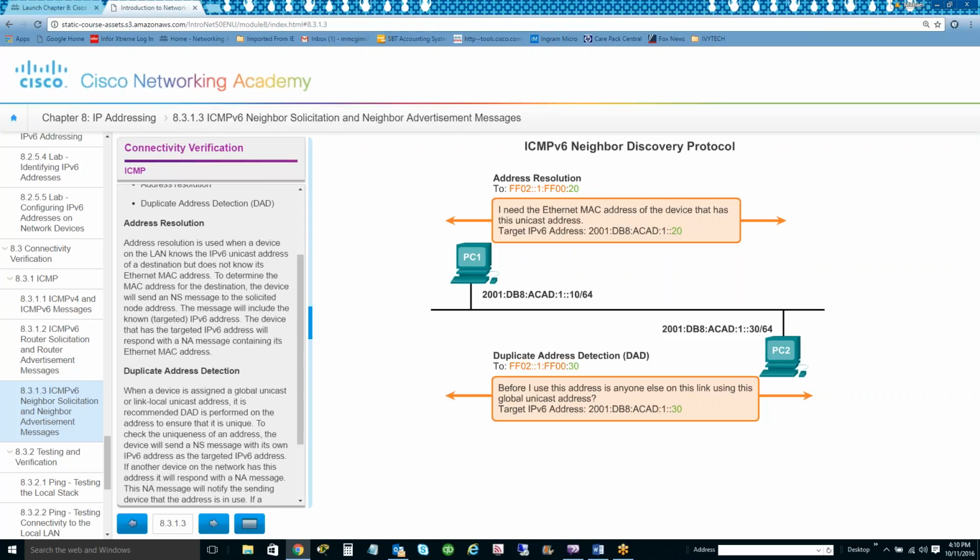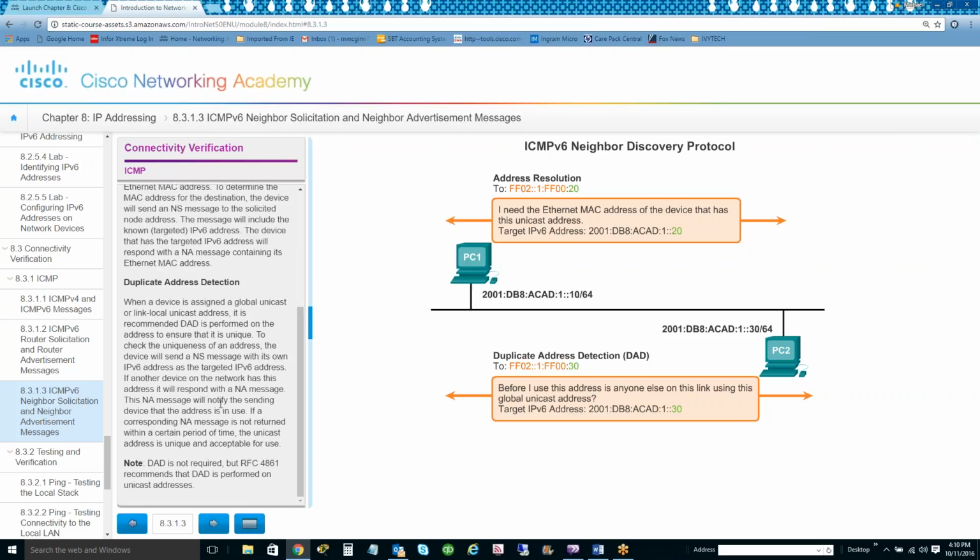Address resolution is to basically determine the MAC address of the destination host that it's looking for, kind of like an ARP message. It's also used to determine if there's already an IP address out there the same as what you want to use or what's been assigned to you.